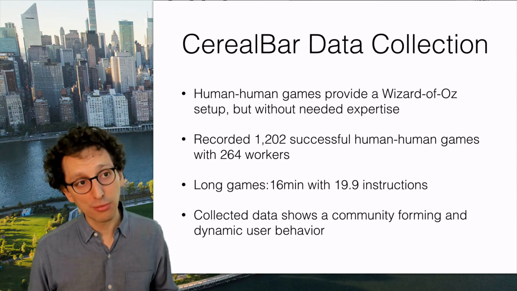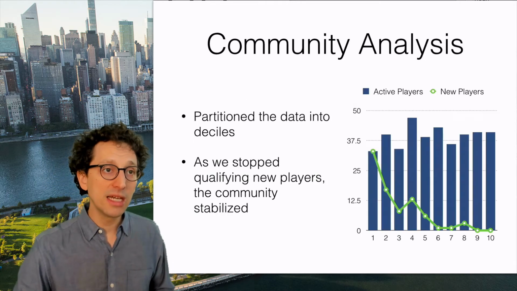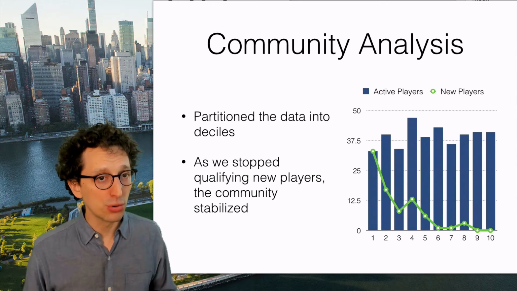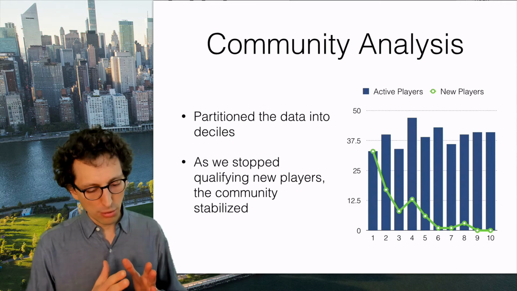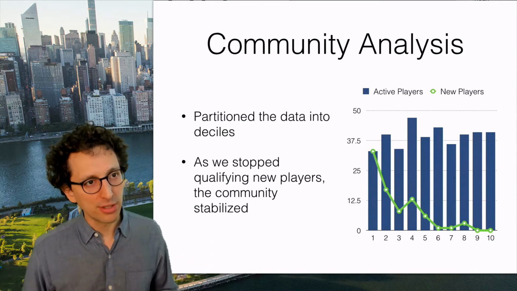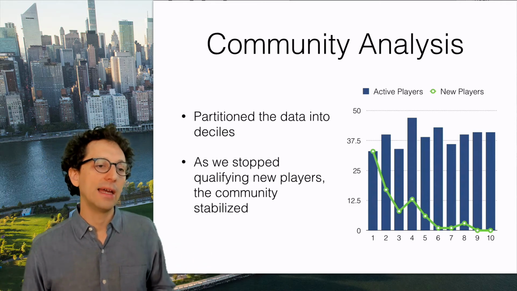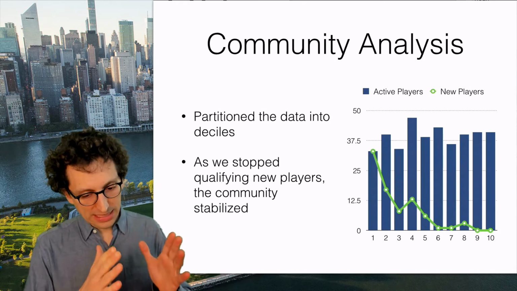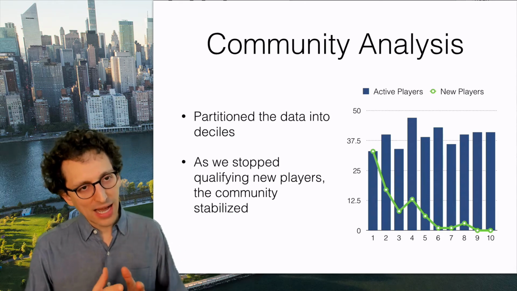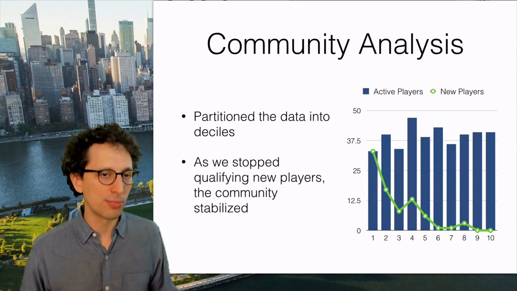And I want to show you some of this analysis. So what we did is we partitioned the data into 10 deciles, where, because we collected the data over a long period of time, we can look at when the games happened and divide this period into 10 equal partitions.